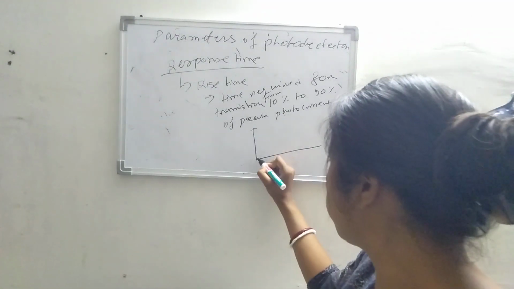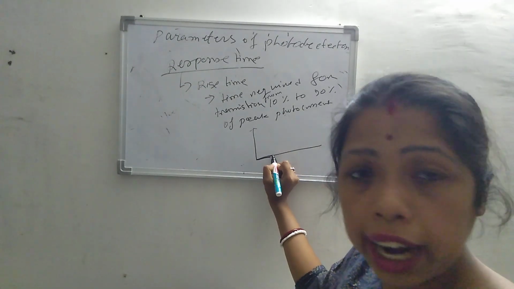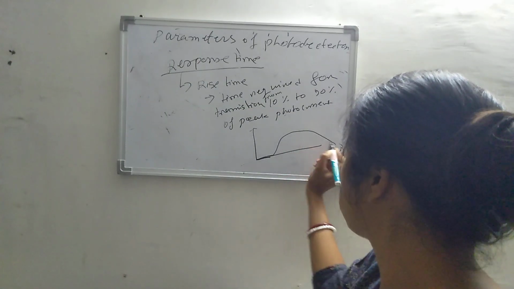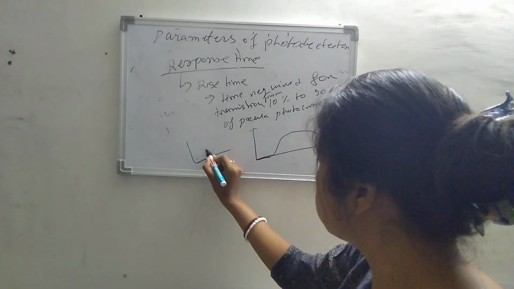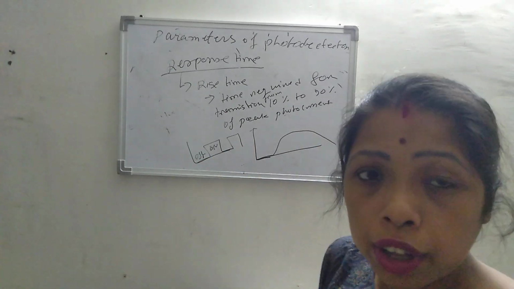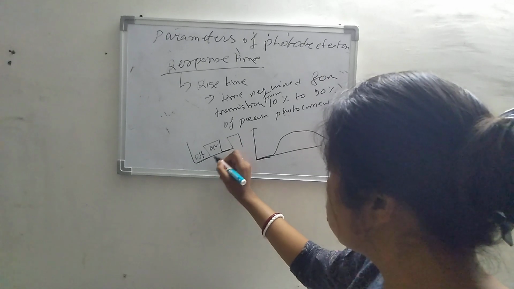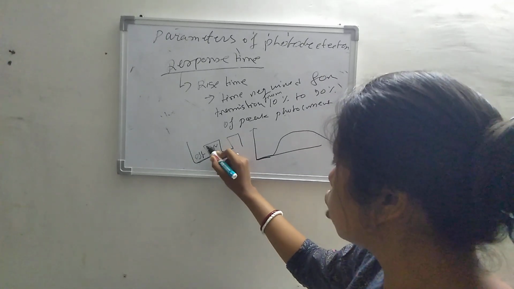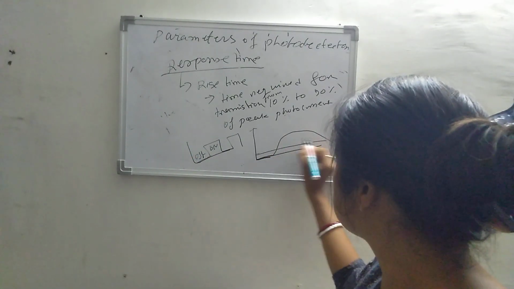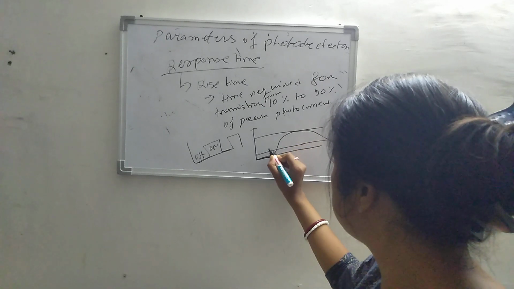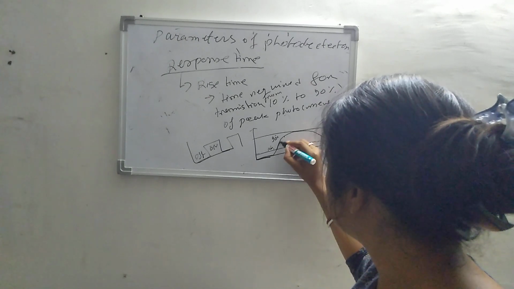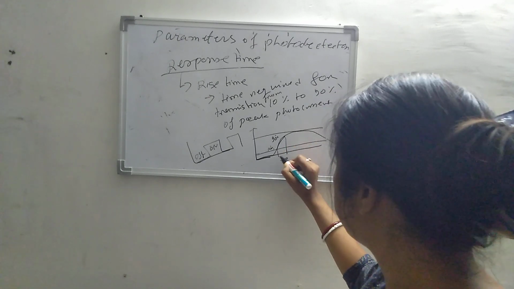If the light is off, you get almost zero photocurrent. When the light is on, you get the photocurrent rising like this. Ideally, you should get this graph. This is the off condition, this is the on condition. If this is the maximum magnitude, this is the 10% photocurrent and this is the 90% photocurrent. This time is the rise time.